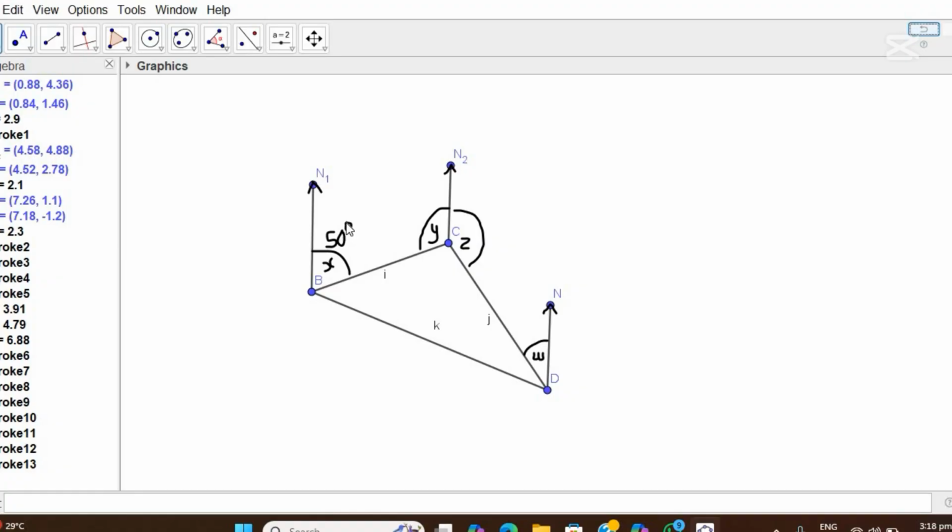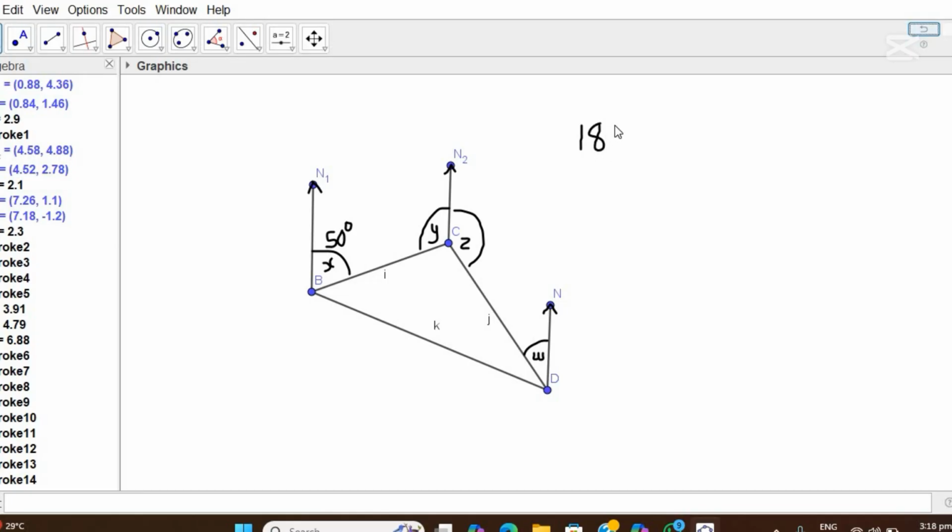Now I would say to myself, based on what I know about co-interior angles, that since X and Y should sum, the sum of them should be 180 degrees, and I already know what X is. What number will I add to 50 in order to give me 180? Now we could do the reverse of that. Take the 50 out of the 180.